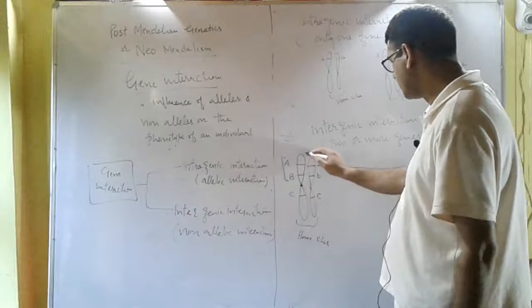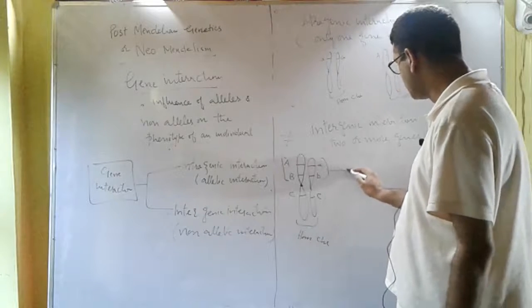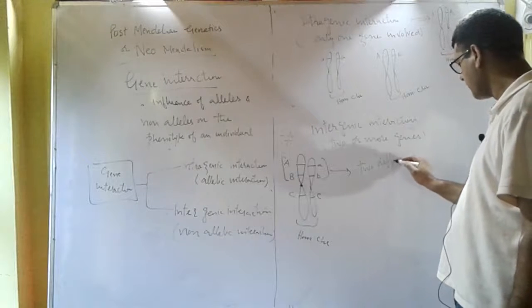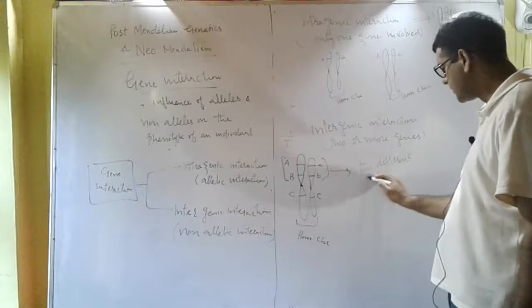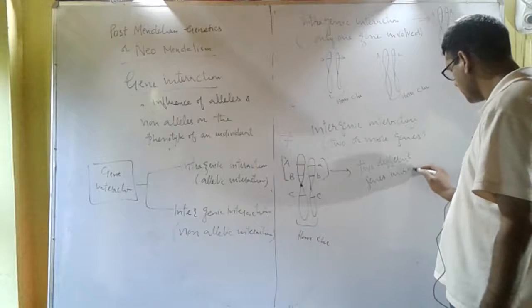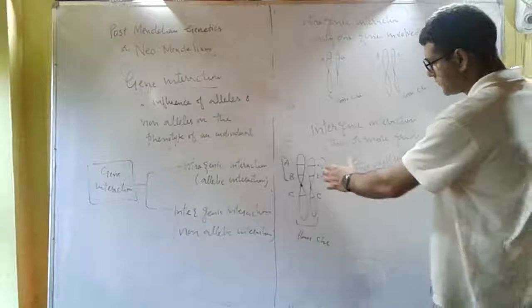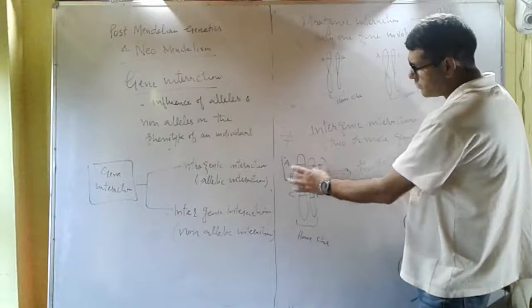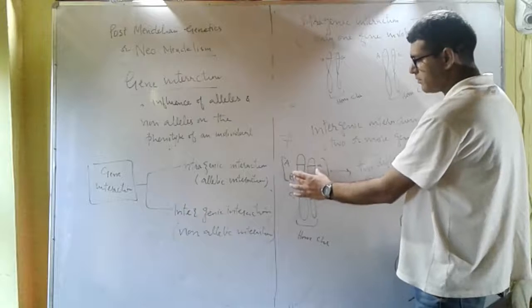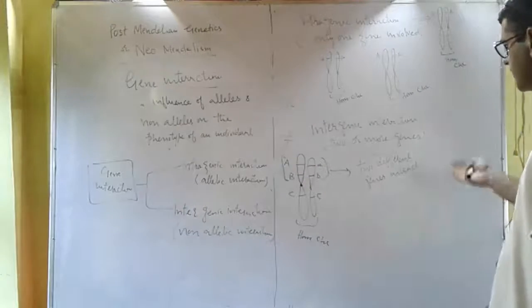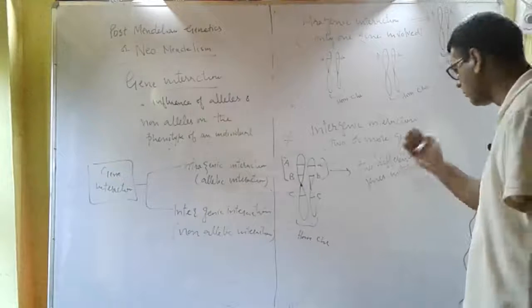So two different genes interact to produce the phenotype. These two different genes are present on the homologous chromosomes. Sometimes the two different genes can be present on two different chromosomes.